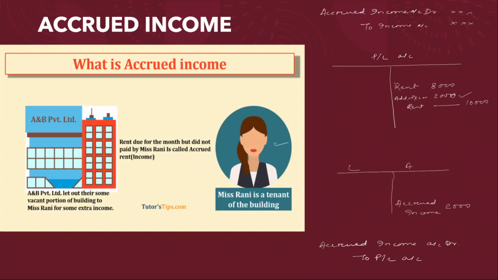If no income source is stated, like that respective income source is not described or not given, you simply write accrued income account debited to PL account. So here you will simply enter accrued commission or accrued rent, simply write 2000, okay, under that.